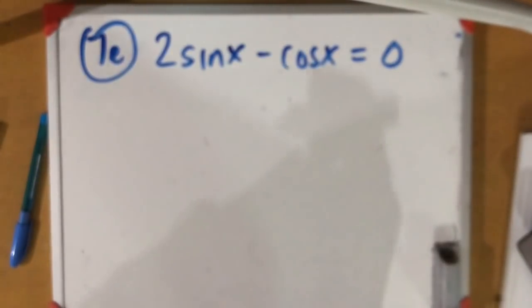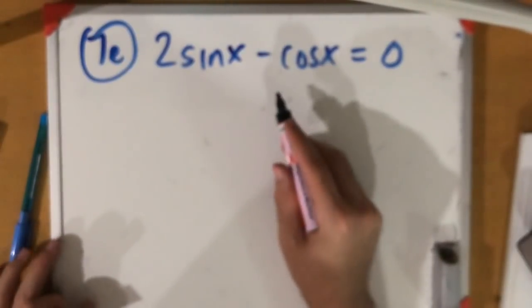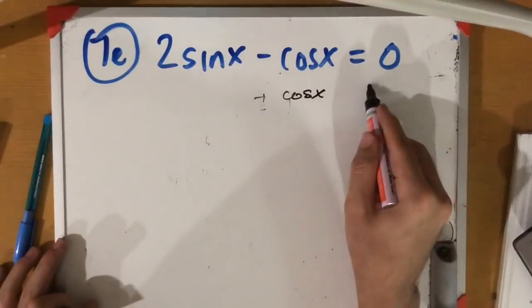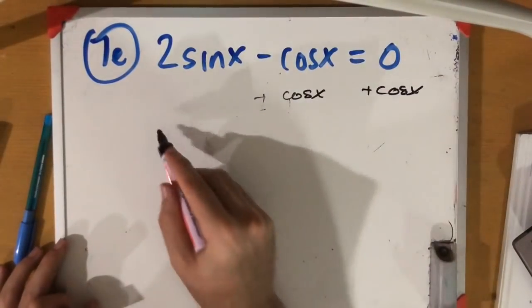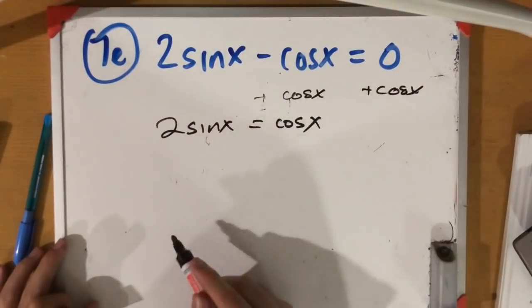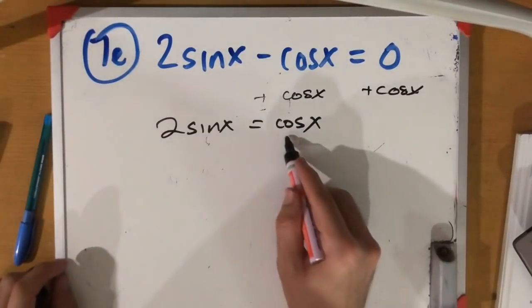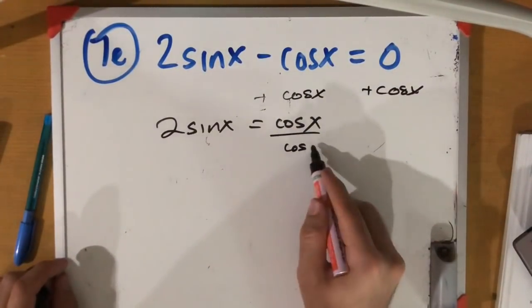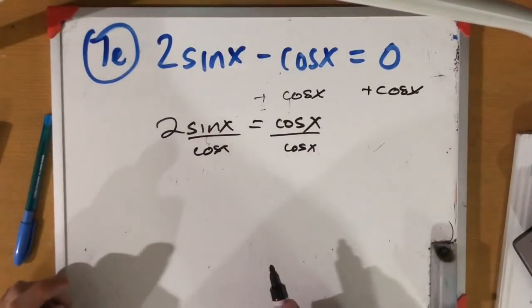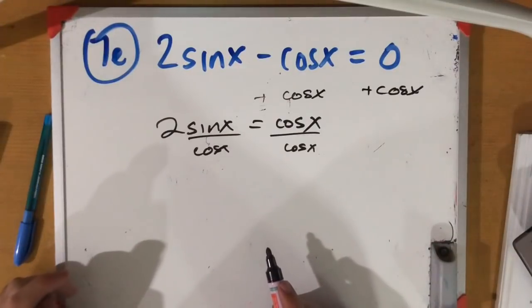All right, 7e. 7e says 2 sine x minus cosine x. Again, whenever you're in this situation, try to move something to the other side. So let's move over cosine x, plus cosine x. 2 sine x is equal to cosine x. And look, what can we end up doing here? This is where your identities end up helping you out, because ultimately you want to use one trig function.